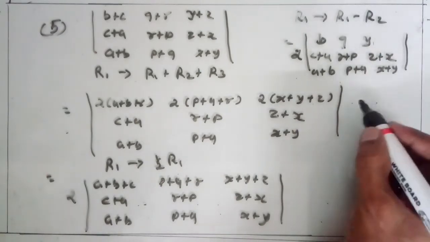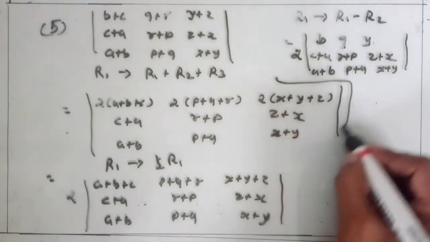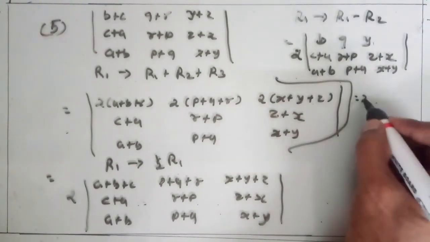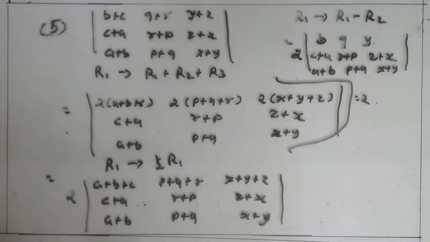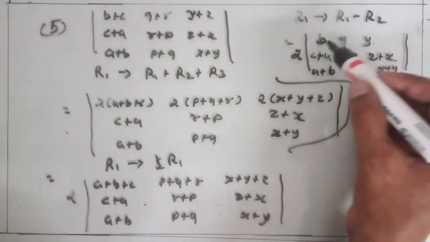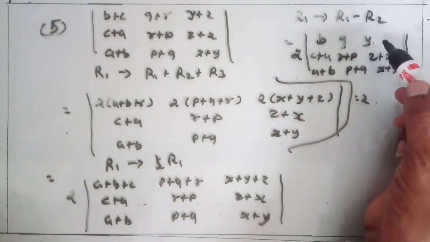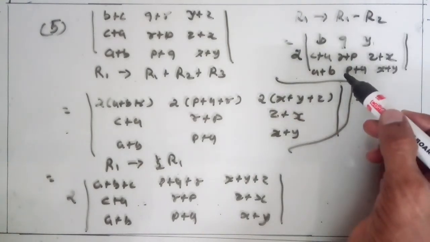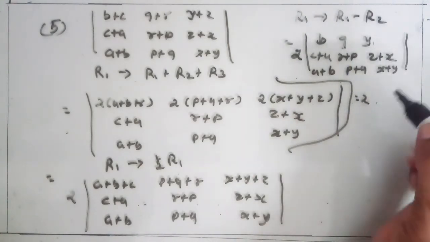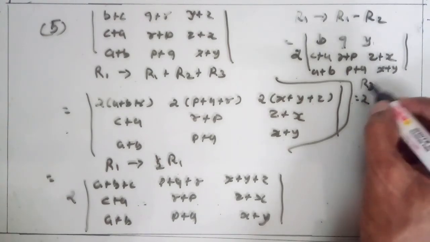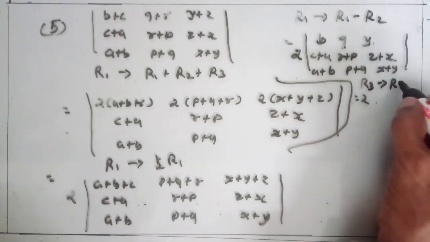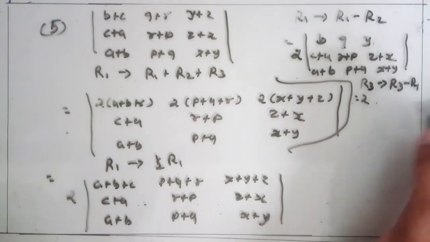Clear this? So now it is equal to 2. Now multiplying the first row by -1 and adding in this third row. That is the third row implies R3 minus R1.